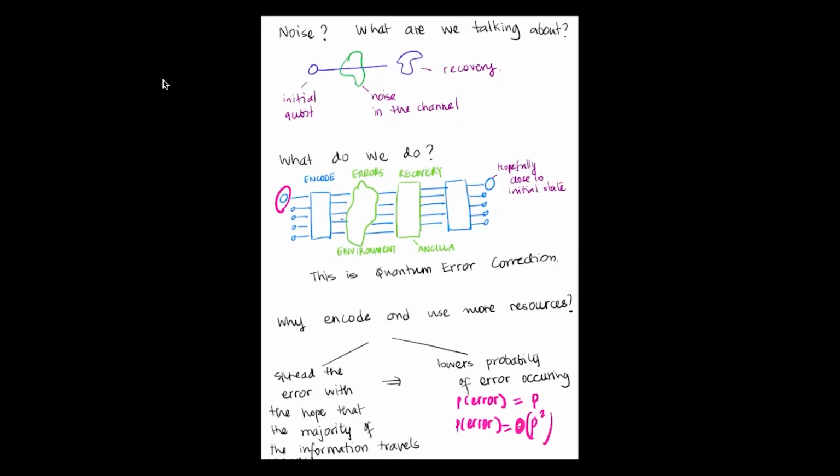Like if I had a system that had error 1 upon 10, then I'm already reducing it to 1 upon 100, which gets me closer to the threshold that I told you about earlier. So this is why we want to use more resources, but they work out to our advantage.